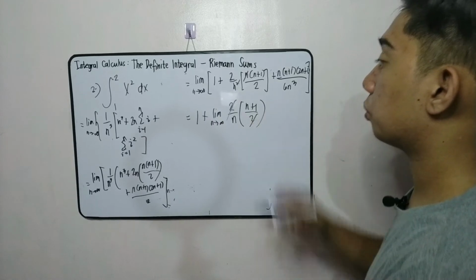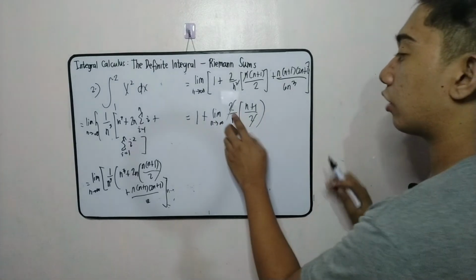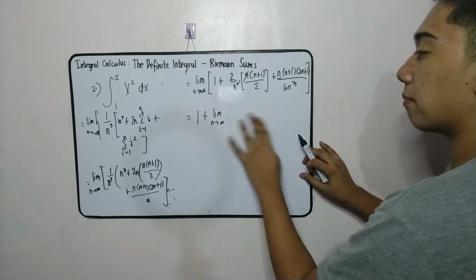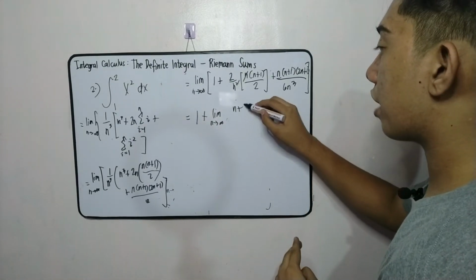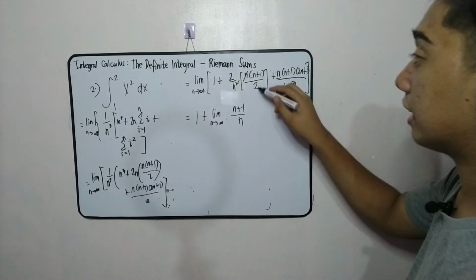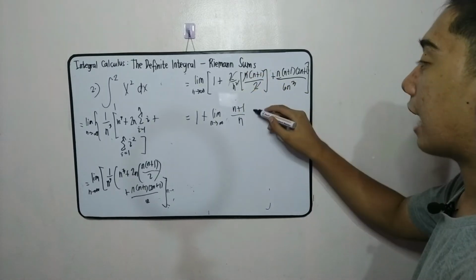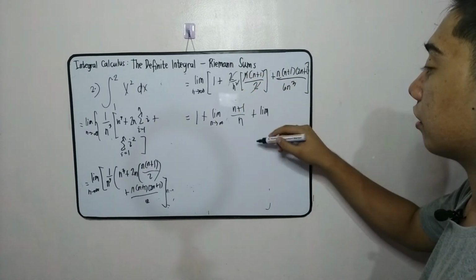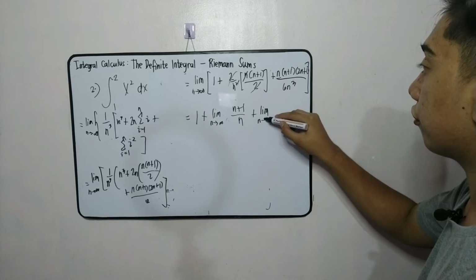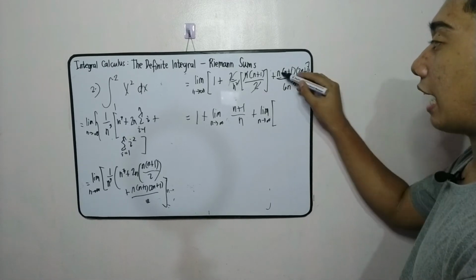This 2 will also cancel. So, okay, I will just cancel the 2. So, this becomes n plus 1 over n. Okay? Plus the limit of, cancel.